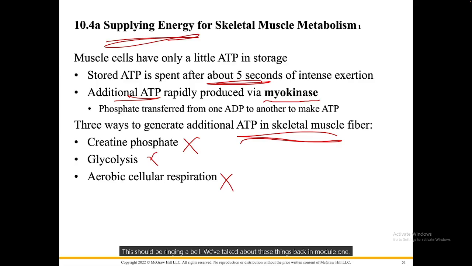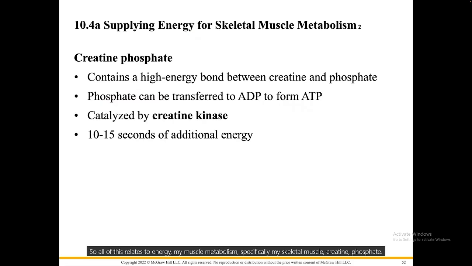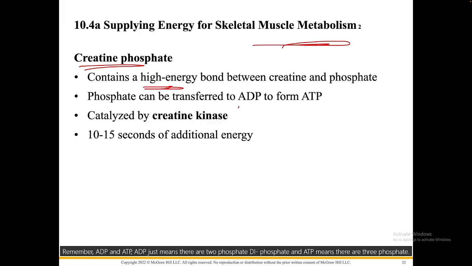This should be ringing a bell. We've talked about these things back in Module 1. So all of this relates to energy, my muscle metabolism, specifically my skeletal muscle. Creatine phosphate. A lot of people who work out take creatine as a supplement, and it helps provide that high energy bond. Remember ADP and ATP.